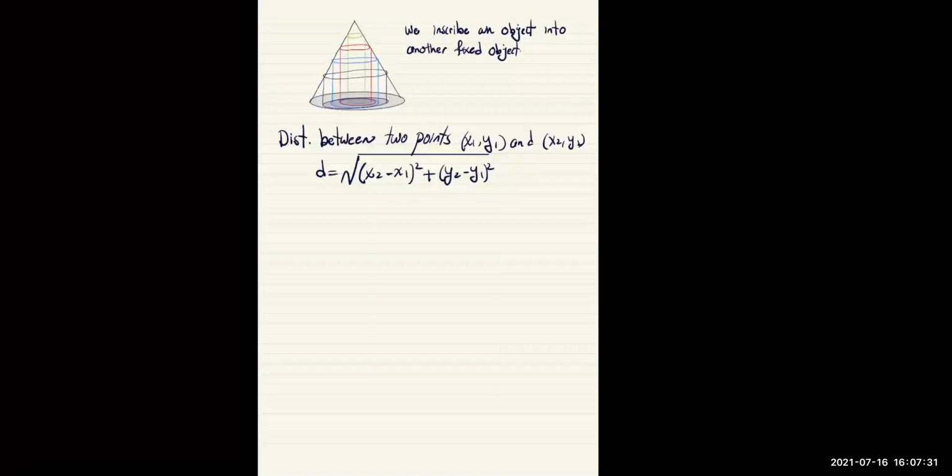The minimum of distance is the same as the minimum of the square of distance. That's what the theorem says. So you can just avoid the square root. I'll write the rule over here.